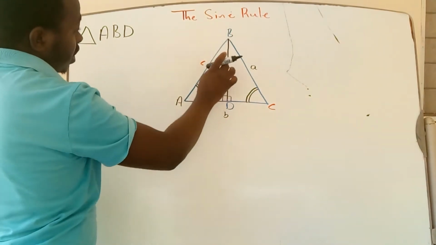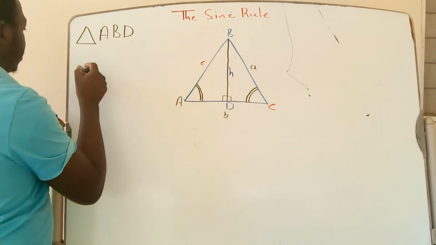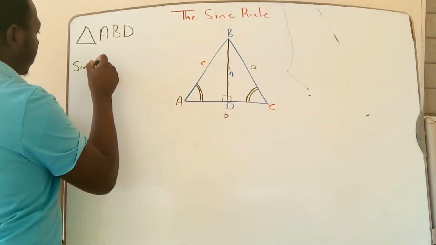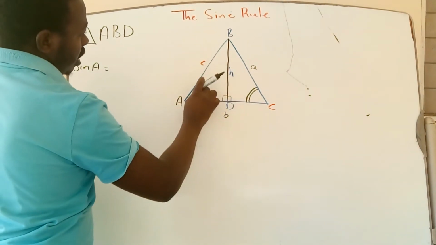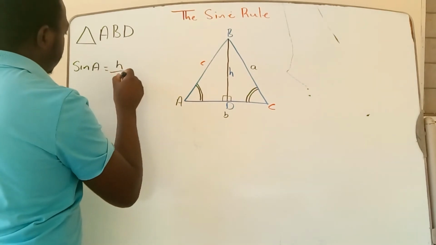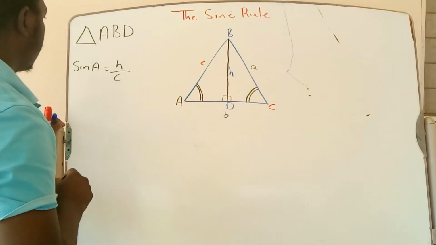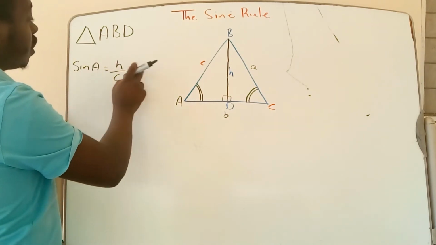We have the altitude, which is H, and we have the hypotenuse, which is c here. So what is sine? Sine of A would equal the opposite to this angle here, which is H. So that's just H all over c, right? So that's what the sine of A is equal to.